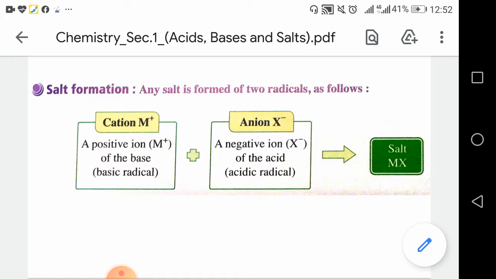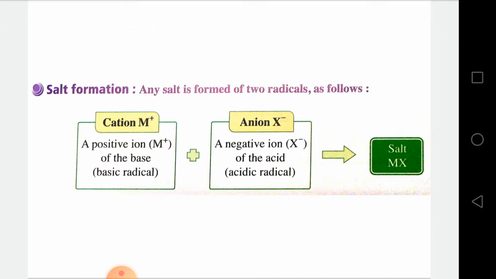To understand this, remember that the reaction of an acid with a base produces salt and water. So any salt is a product of the reaction between an acid and a base.